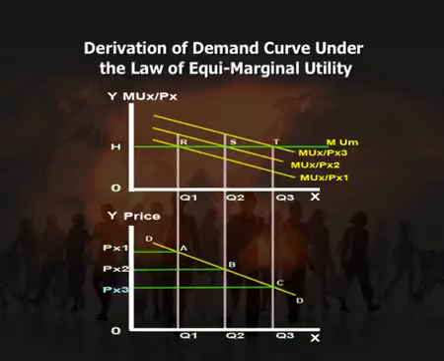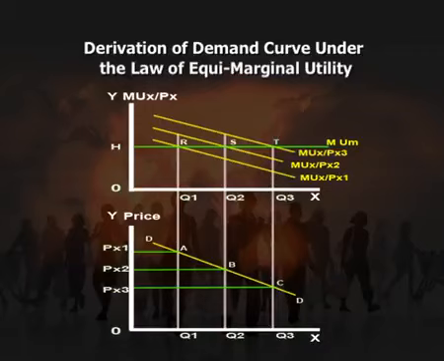Similarly, when the price of X falls to PX3, the MUX divided by PX3 curve representing MU of money expenditure shifts upward to a new position. The consumer would buy OQ3 quantity of good X because at this price the MU of money OH is equal to MUX divided by PX3.